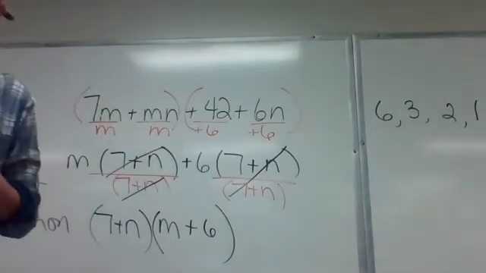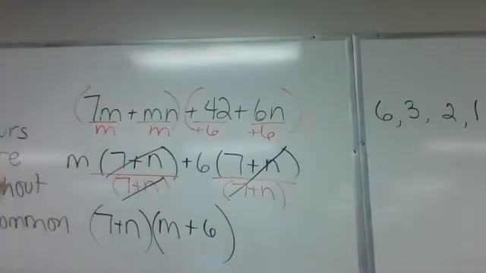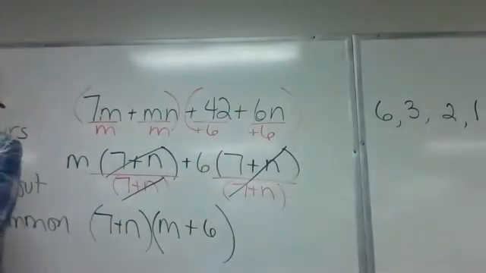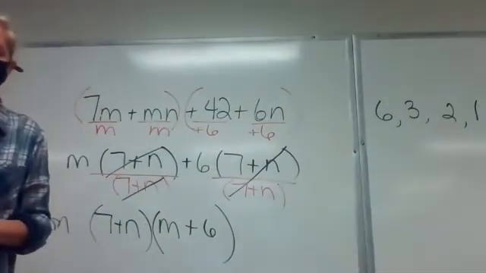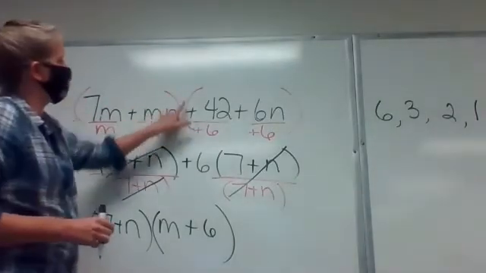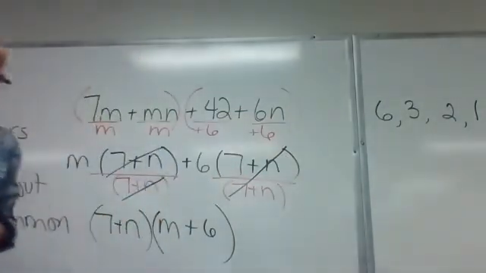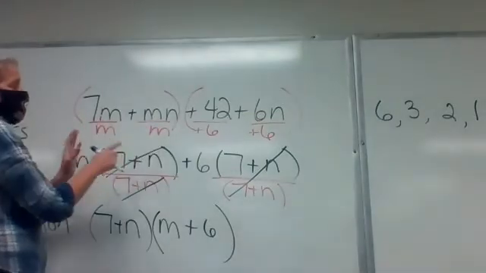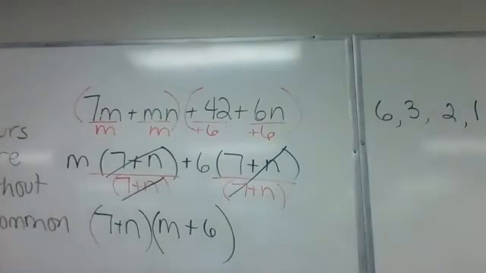So let's walk through these steps again. I've got 4 terms, but there's not anything in common with all 4 terms, which means I'm going to put them in groups of 2. When I put them in groups of 2, then I just look at the smaller groups and say, okay, what's in common just in the smaller groups?